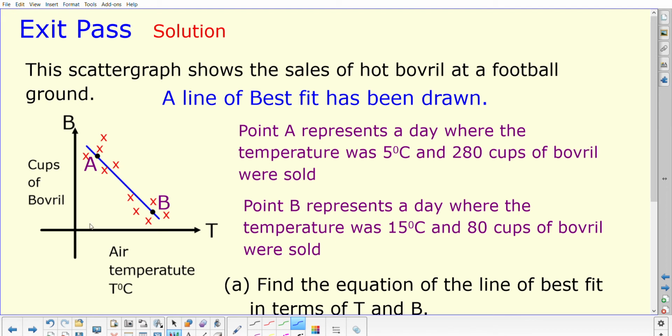So that means that you'd go along 5 and then up 280. So the coordinates of the point would be 5, 280. That would be your point A.